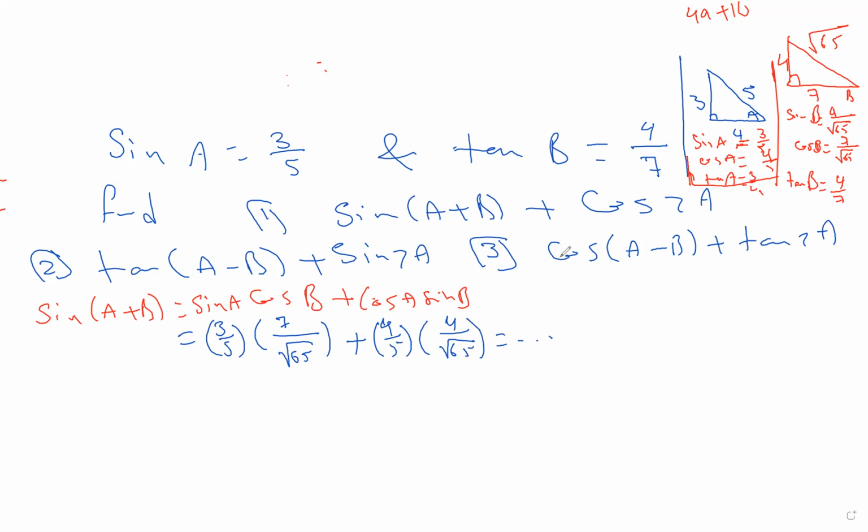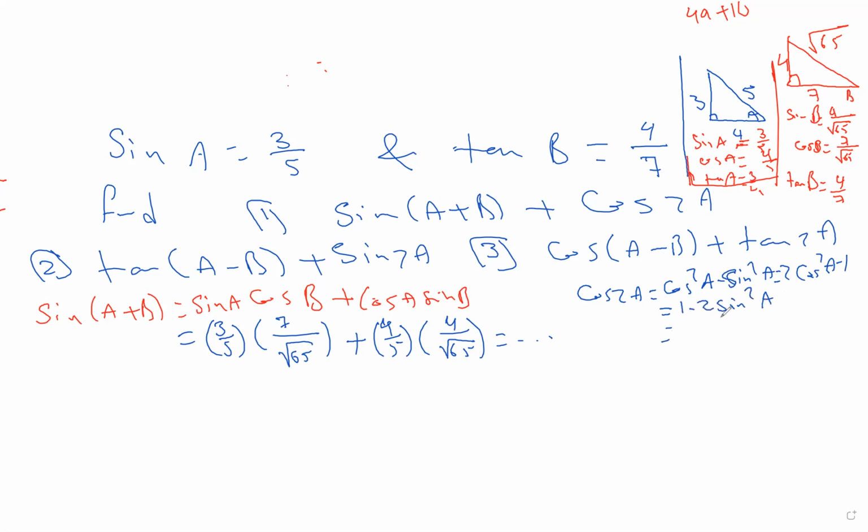The other part of the same question is cosine 2A. You have 3 rules: cosine squared A minus sine squared A, or 2 cosine squared A minus 1, or 1 minus 2 sine squared A, as you like.